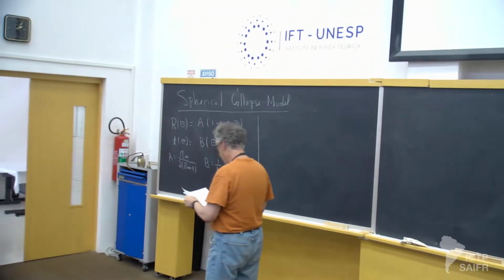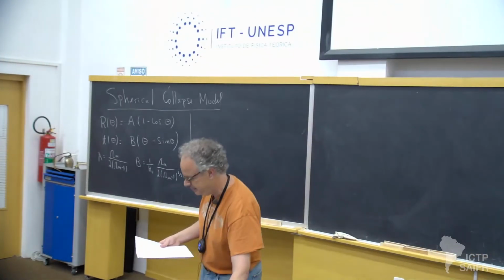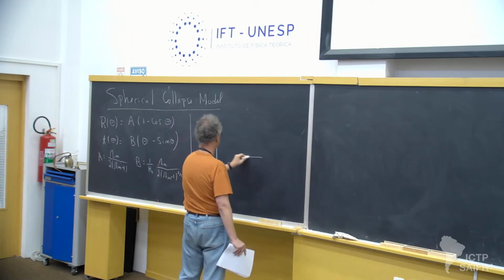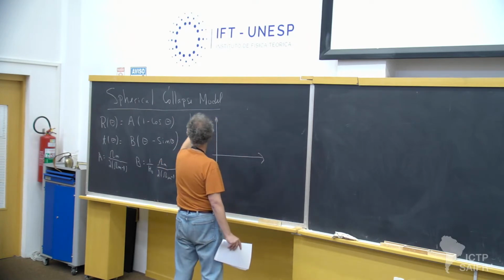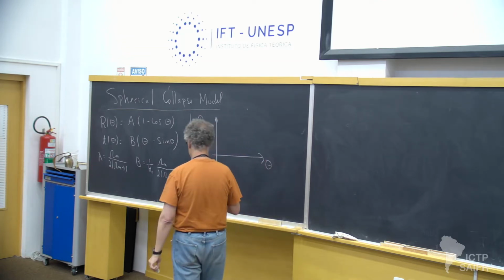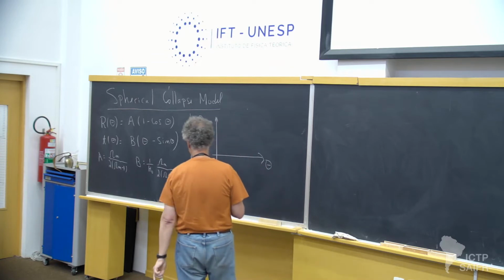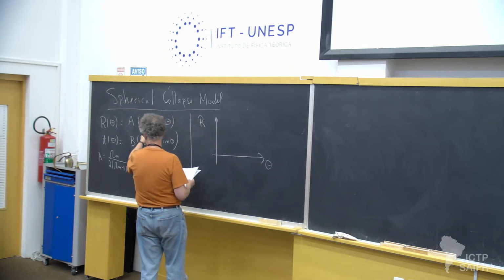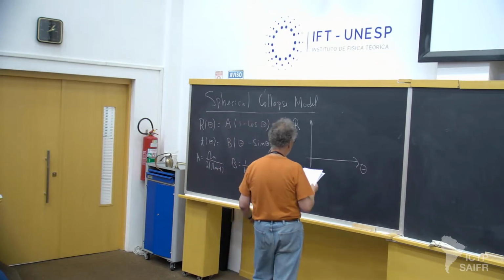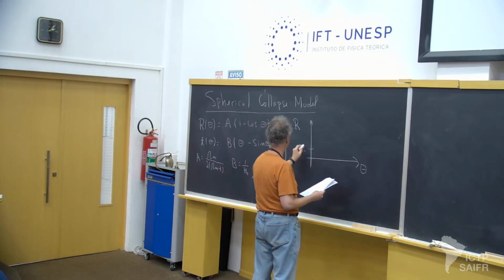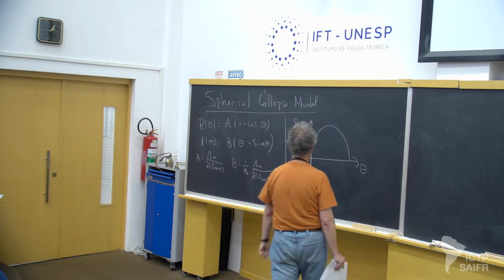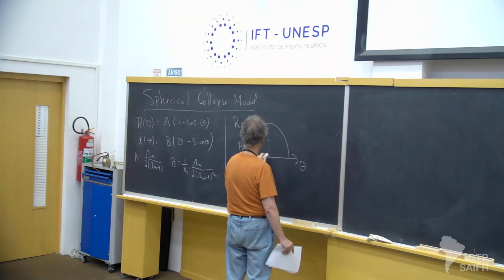Okay, very good. So what that means is that I can plot the radius of the perturbation, r, as a function of theta for these solutions. And what happens is that if you start at a certain initial value, it goes to a maximum, decreases, and goes to 0. So this is the turnaround radius.